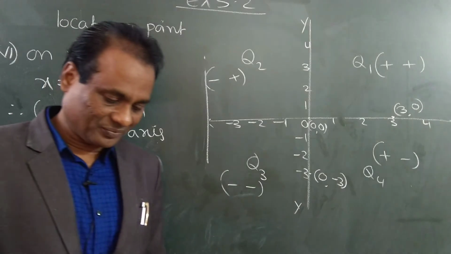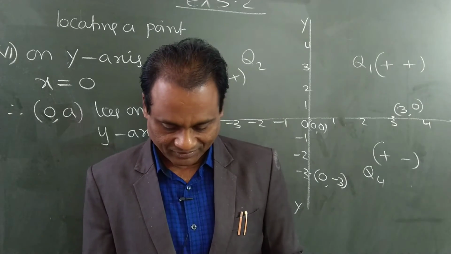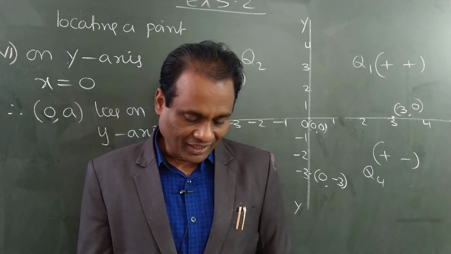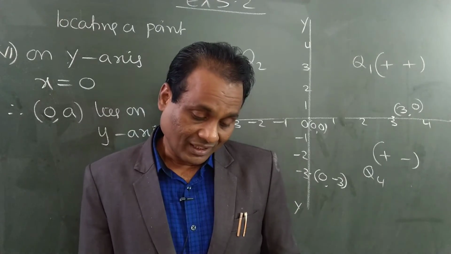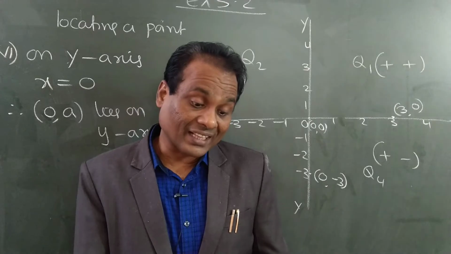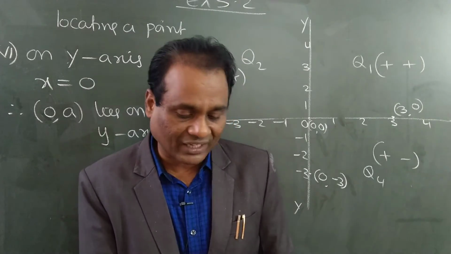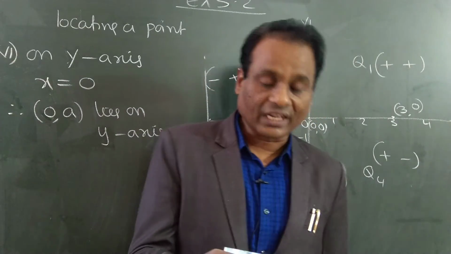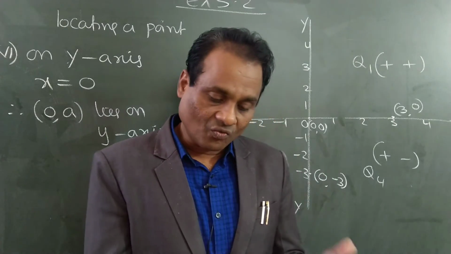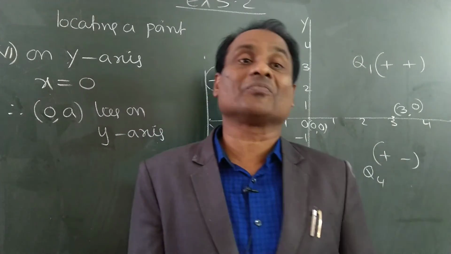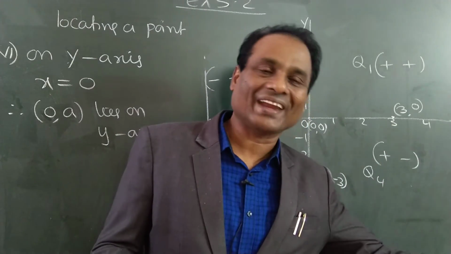Street number 3. If you are going from the main road, what is the third object on the left side in street number 3?